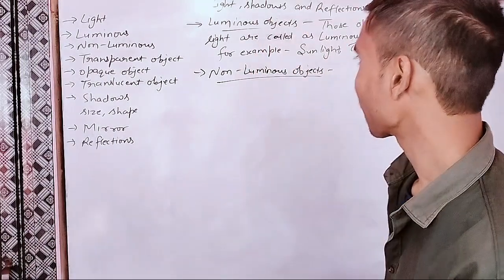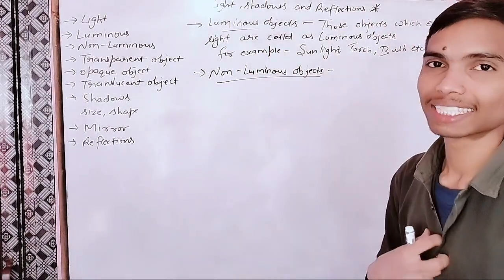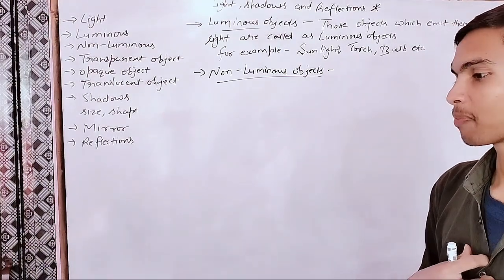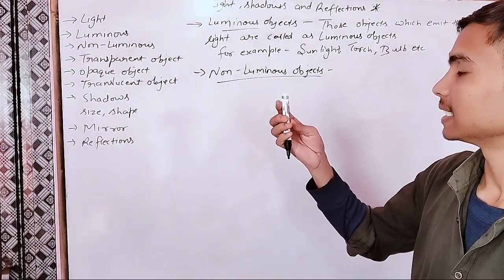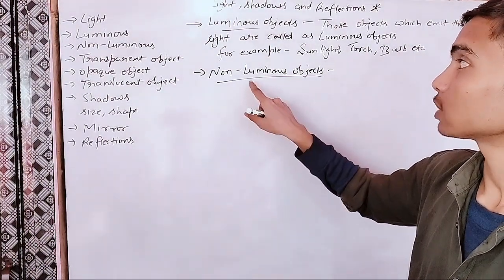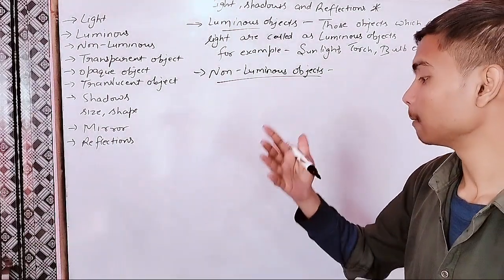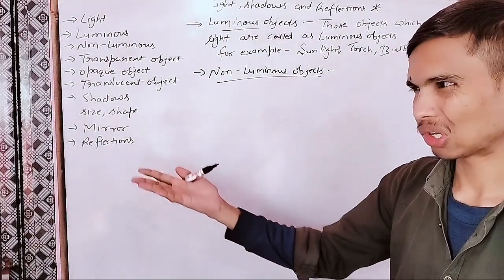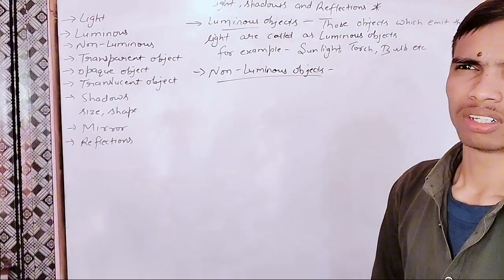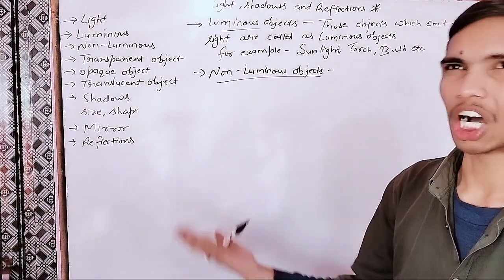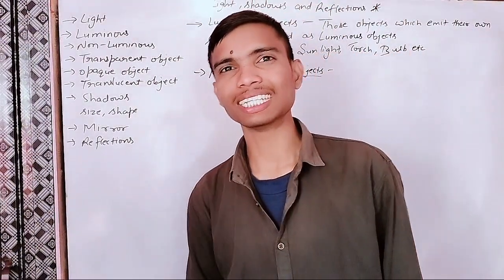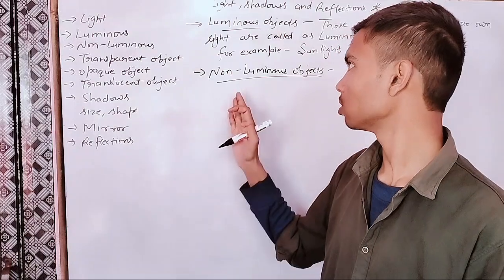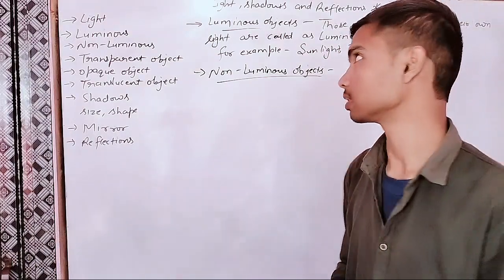So here we have examples. Examples of non-luminous objects are marker, board, wall, book, house, buildings. These are examples of non-luminous objects.